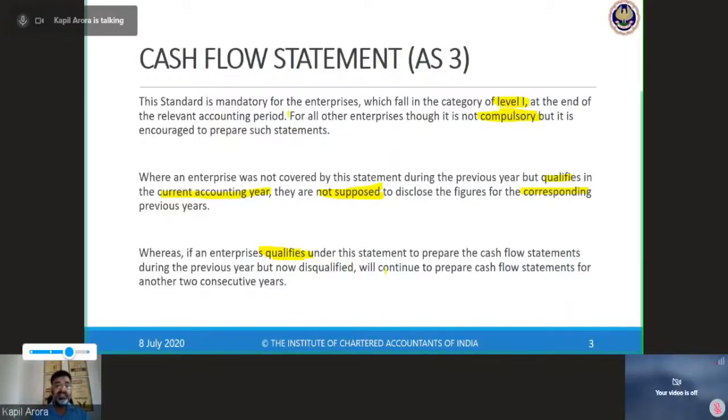Those companies will not get any rebate current year, right?